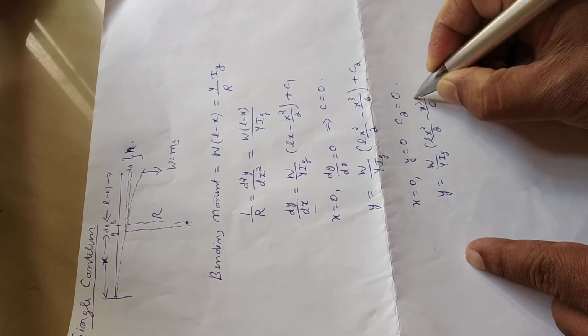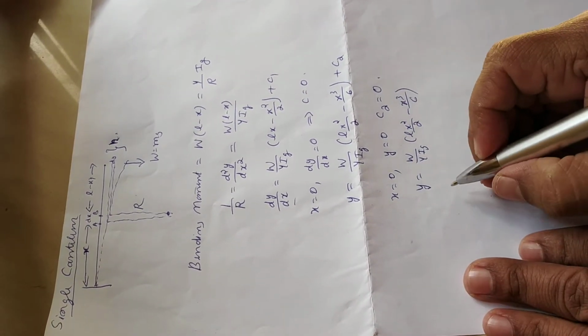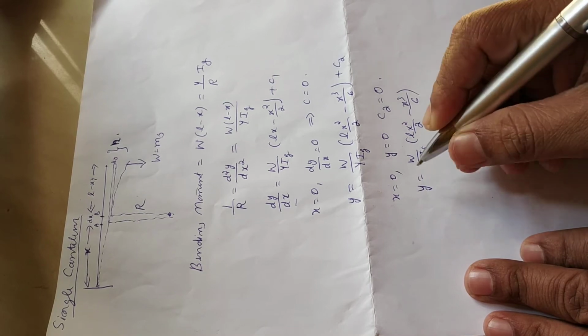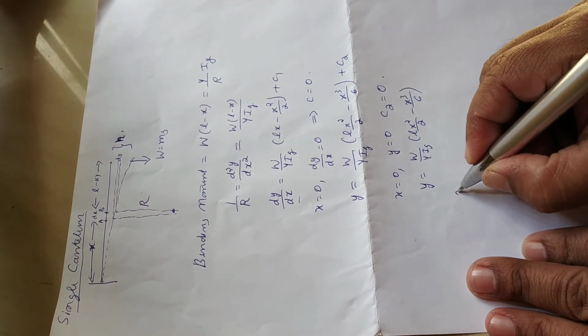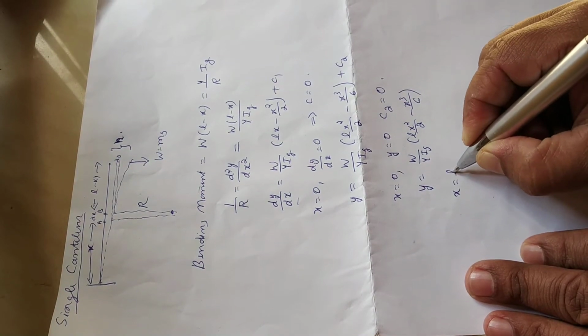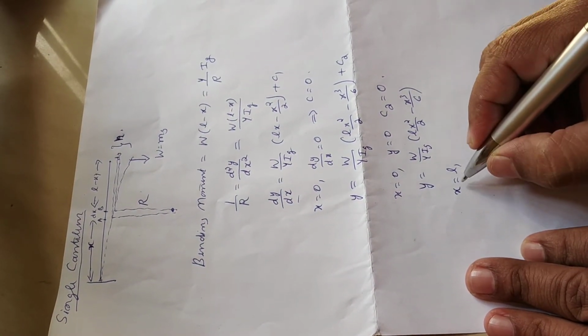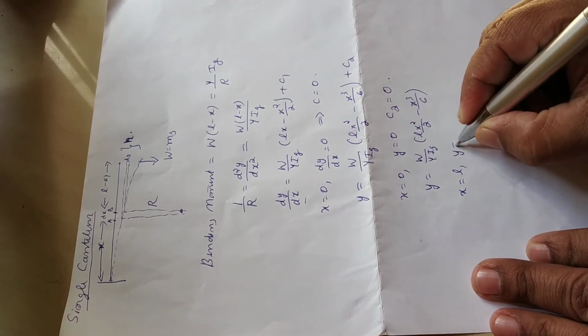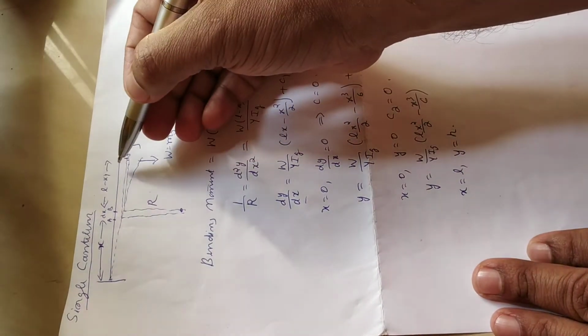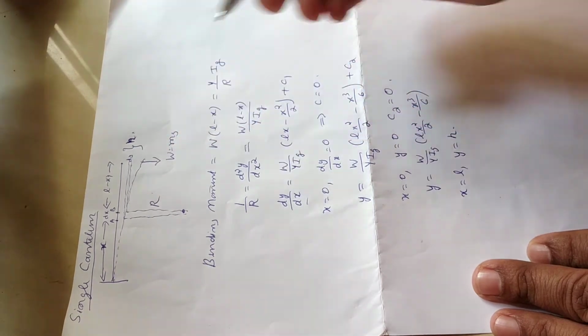Here if we take the free end of the cantilever, that is x is equal to L, at a distance of L from the fixed end, y becomes equal to h. The depression at the free end I have taken as h.